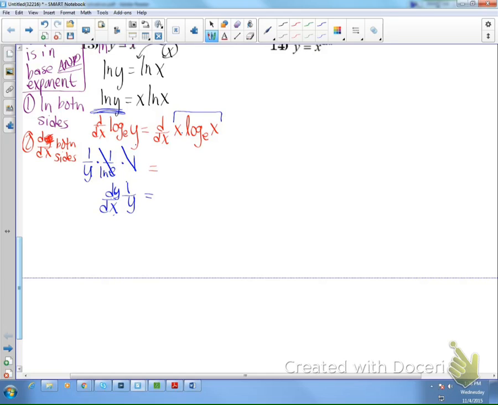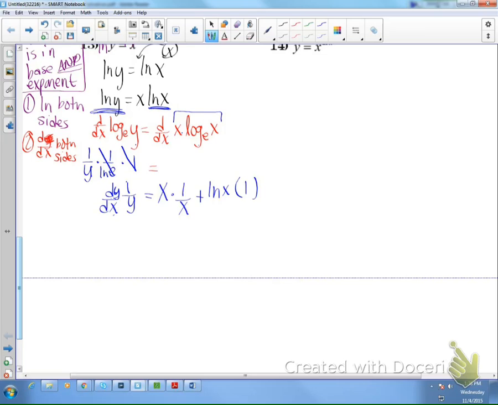So first is x. What's the derivative of natural log x? 1 over x. We just showed that with the derivative of natural log y. First d last plus last d first, and you can go back to the natural log if you want, or you can put log base e. Last d first. What's the derivative of the first? 1.